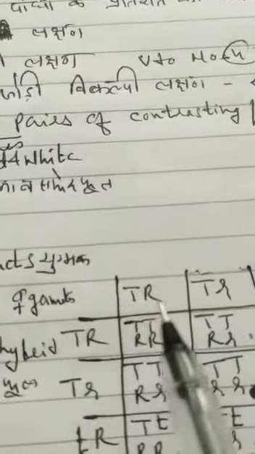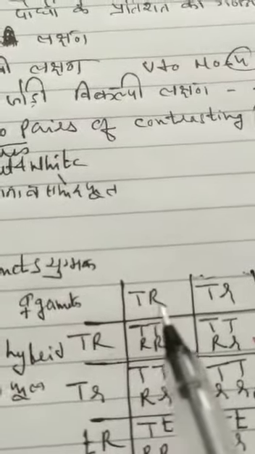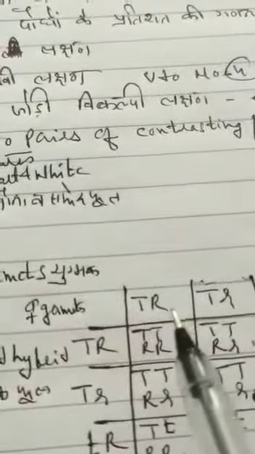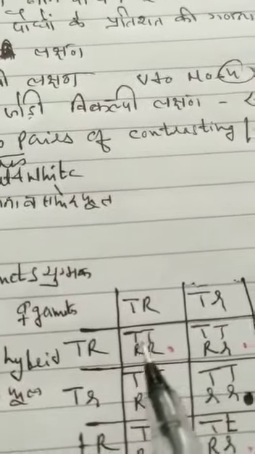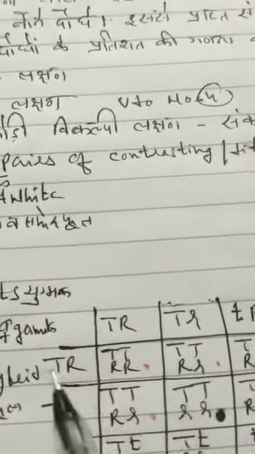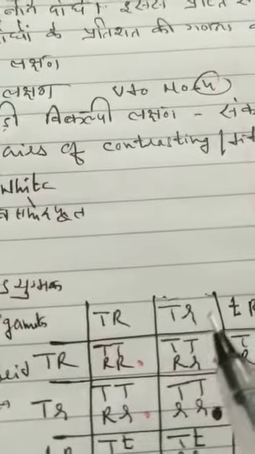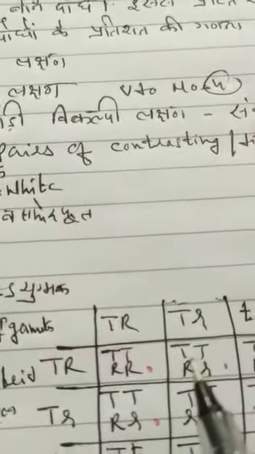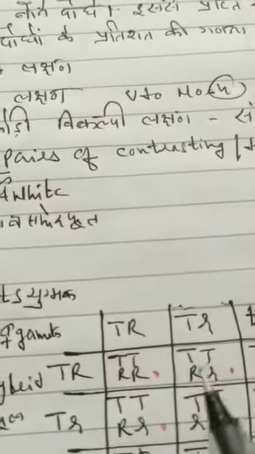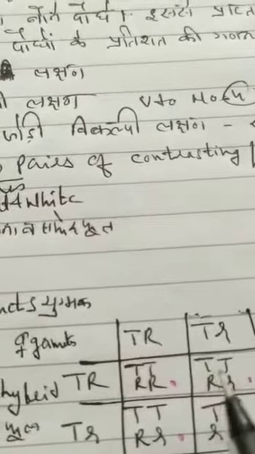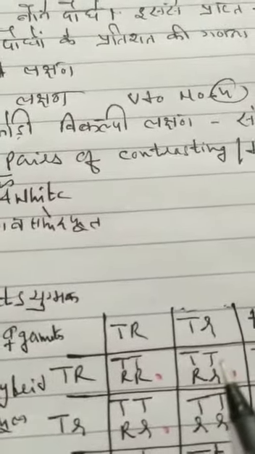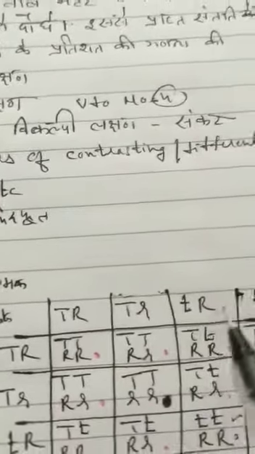We will join these letters together, capital T with capital T, capital R with capital R. Here you will see TTRR. This TR will join with this capital T and small r. For that we will write capital letter first and small letter after that. So capital T with capital T, capital R with small r.